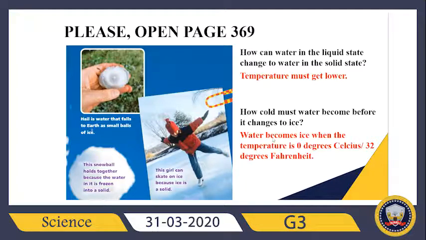Water becomes ice when the temperature is 0 degrees Celsius, 32 degrees Fahrenheit, because I know water becomes ice at 0 degrees and water boils at 100 degrees Celsius. Remember, water becomes ice when the temperature is 0 degrees Celsius. Water boils, so it means water becomes gas when the temperature is 100 degrees Celsius.